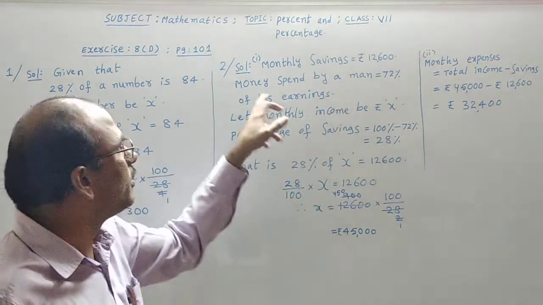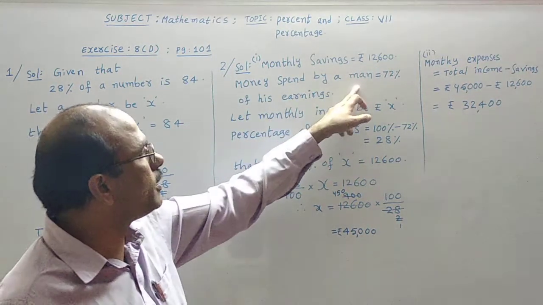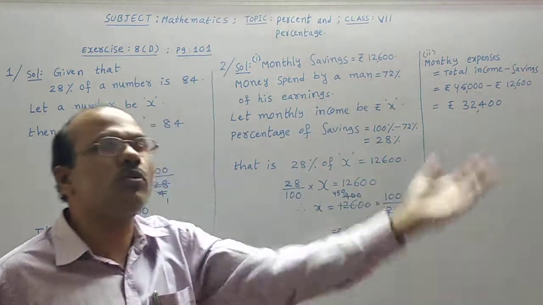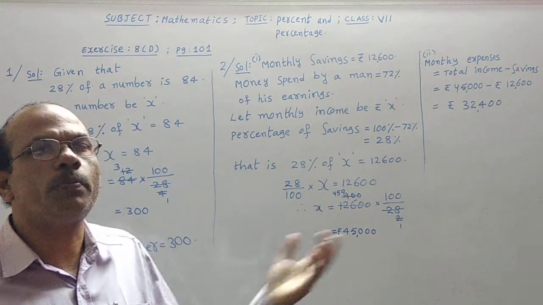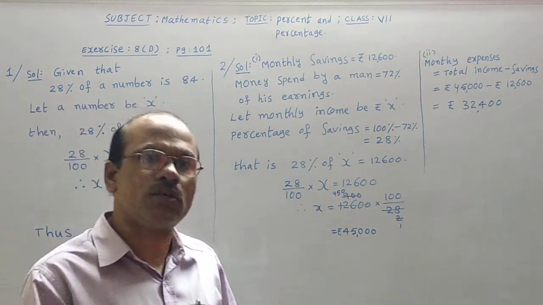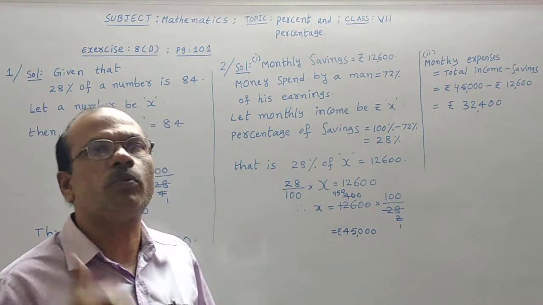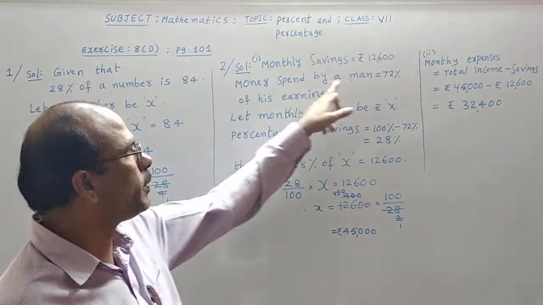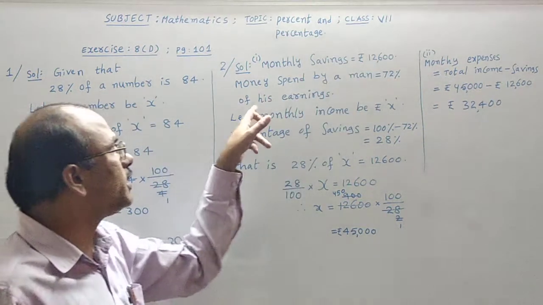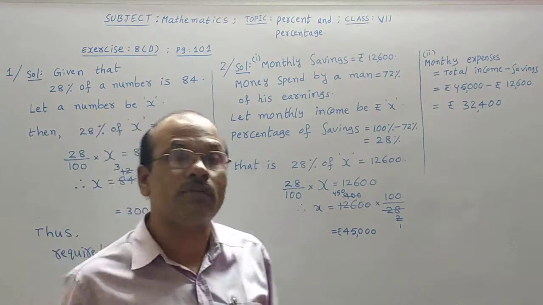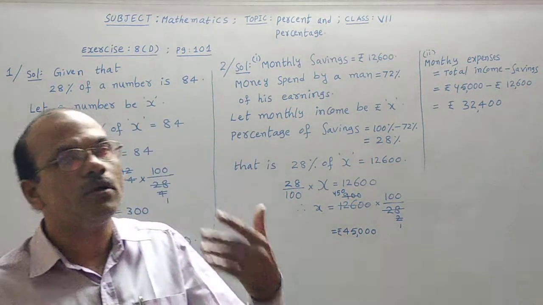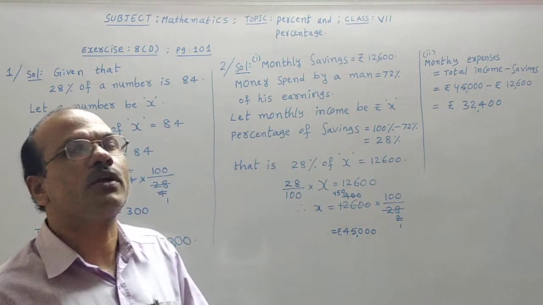Money spent by the man, that means on different expenditures like payment of school fees for his children, rent, and food, all that money spent by him is equal to 72% of his earnings for 1 month.